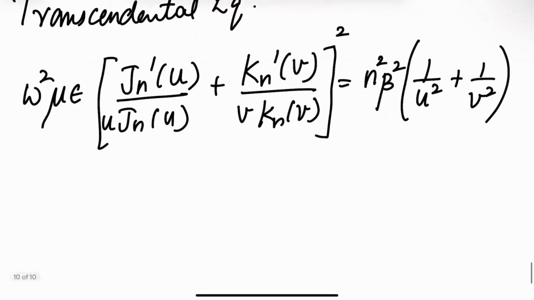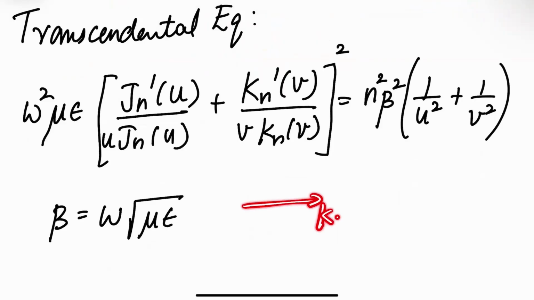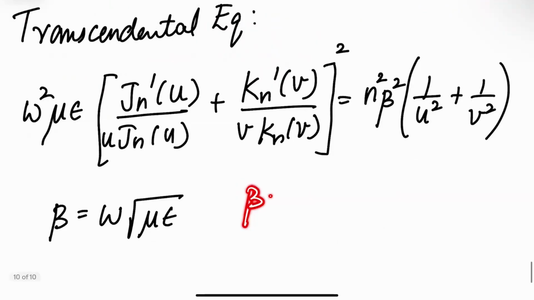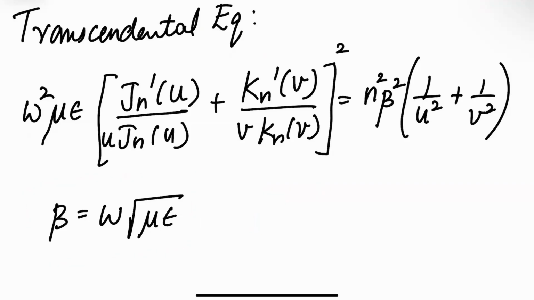Okay. But also, since we have made this approximation that you're kind of in a homogeneous medium, beta is nothing but omega square root of mu epsilon. Because I have this mode that's now almost like a plane wave propagating in z, which means it doesn't really have any k rho component anymore. Since it doesn't have any k rho component, essentially beta is nothing but k, which is why you can also make this approximation.